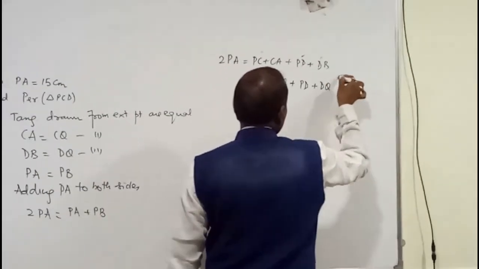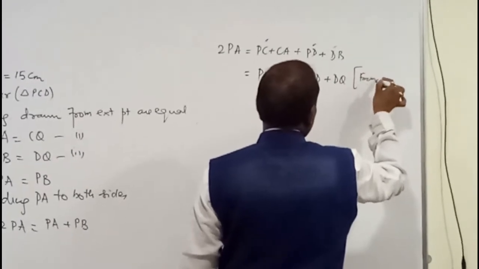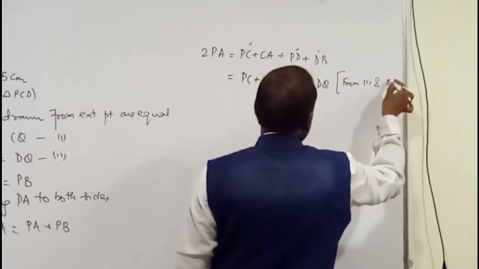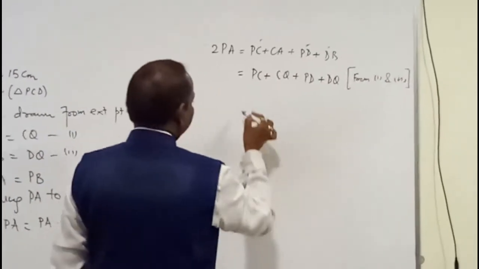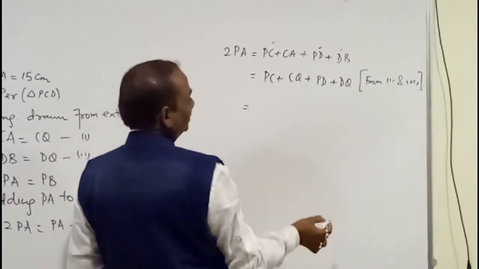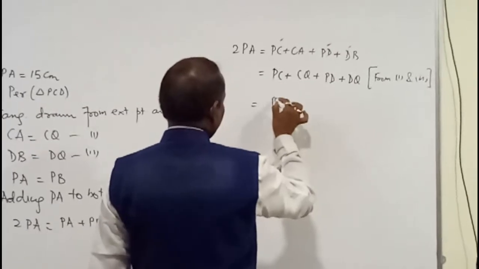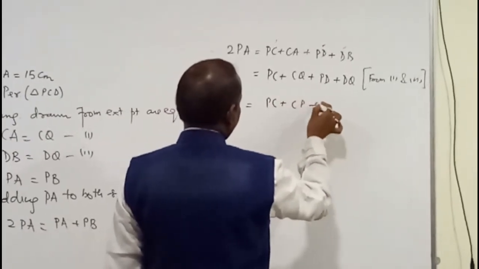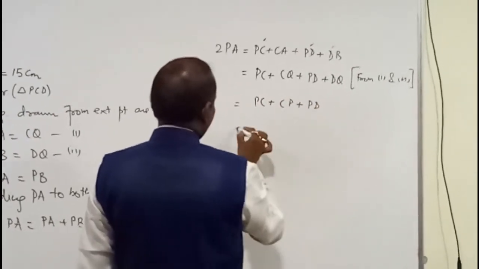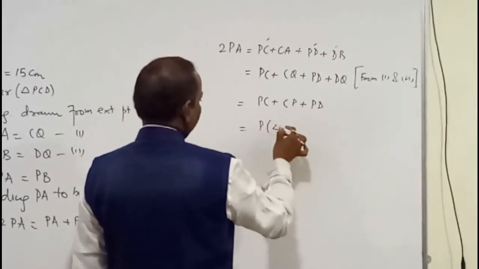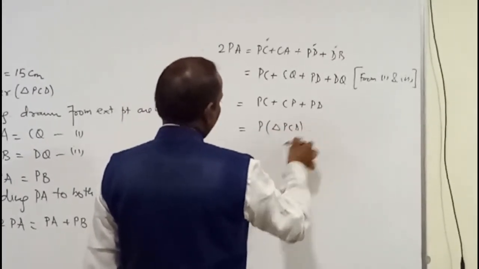This I have got from relations 1 and 2. So I must mention them. Now here, if you see them, this CQ plus DQ will give you CD. So I can write PC plus CD plus PD, and that means the perimeter of triangle PCD.